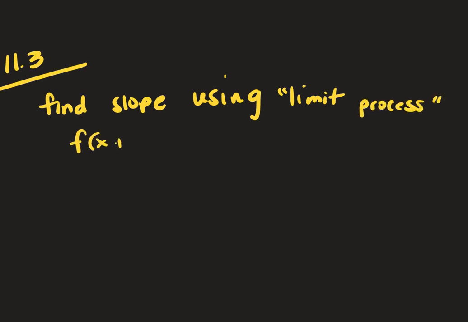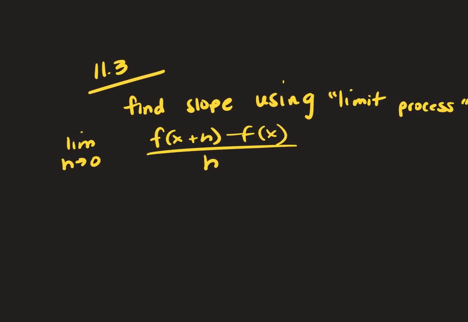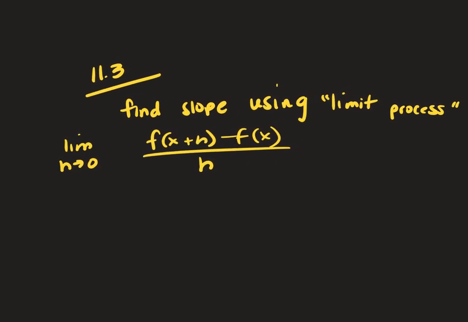And this is your f of x plus h minus f of x all over h, the limit as h goes to 0. So we would find f of x plus h, then we would subtract the f of x, put it all over h, and then make h 0. And this should end up being a linear equation, so a y equals mx plus b. You don't need the y equals, but that would be there. And then we would plug in the x value.